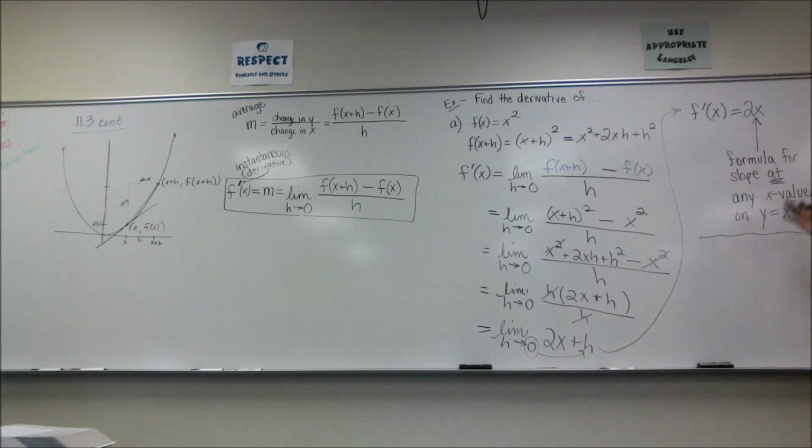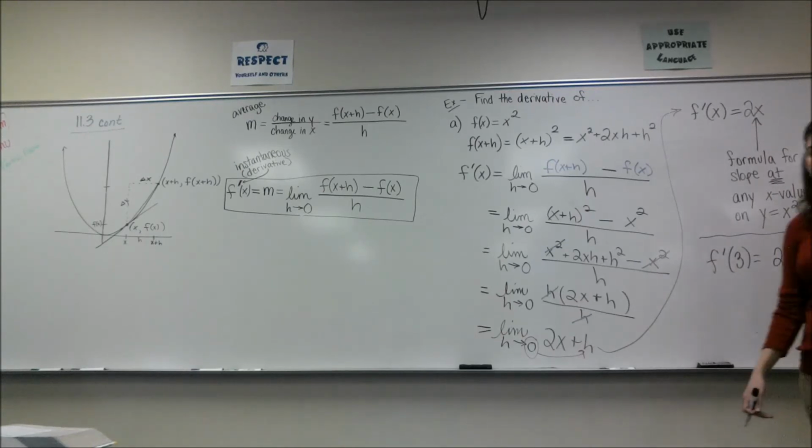I didn't give you this to begin with. I just pulled 3 out of thin air. So I'm now saying find f prime of 3. That's asking you what's the slope of the tangent line at 3. And you gave me the answer of 6 because you plugged 3 into your derivative for x, and you got 6.